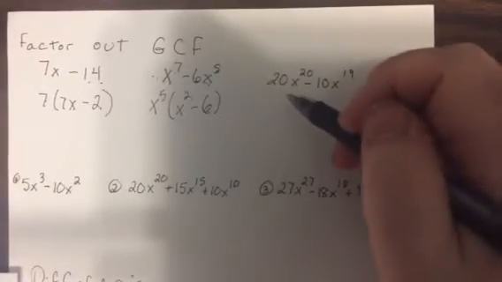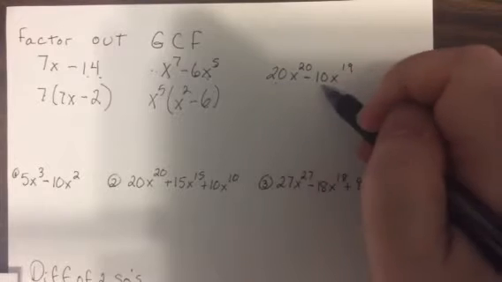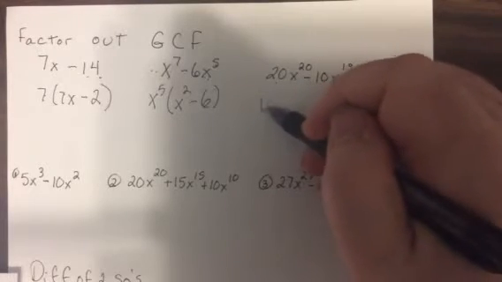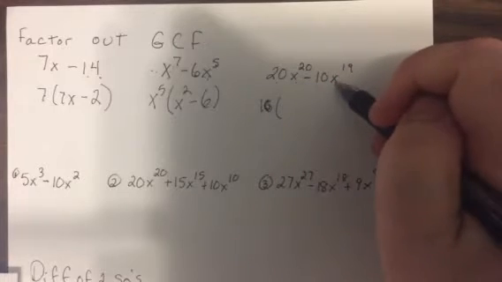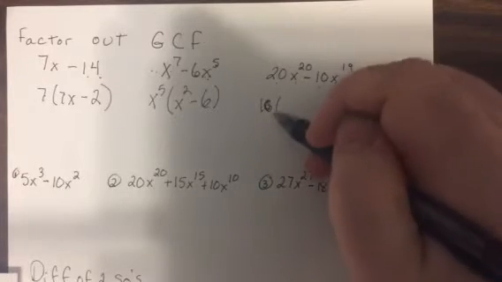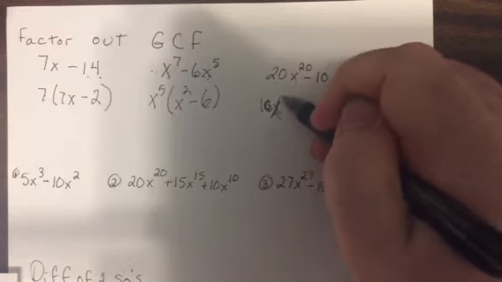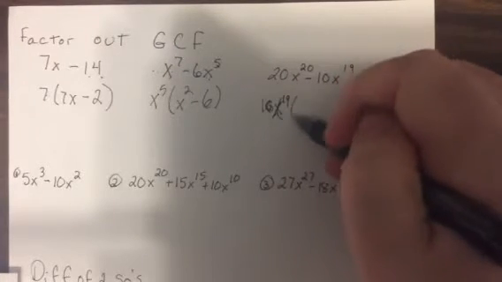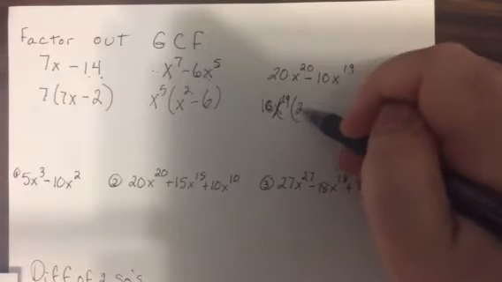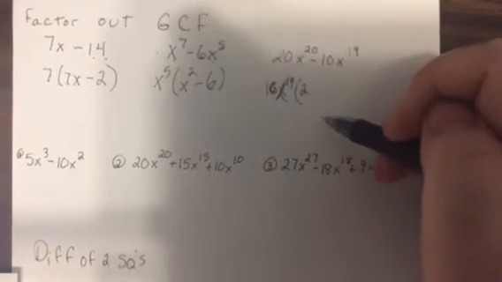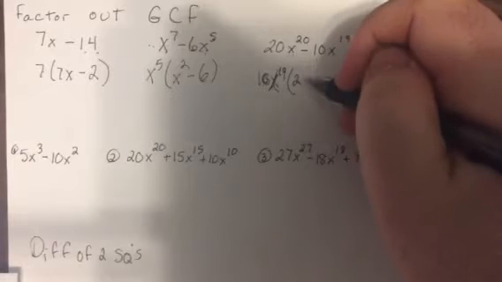Then we look at this one. What goes into 20 and 10 nicely? That'd be 10. And is x in both terms? It is. What's the smallest power? That'd be 19. I'm getting sloppy. Sorry. So 10 times 2 is 20. X to the 19 times x is x to the 20th.